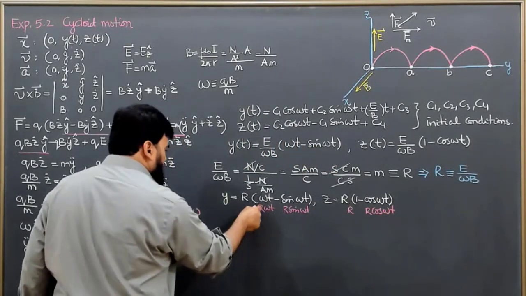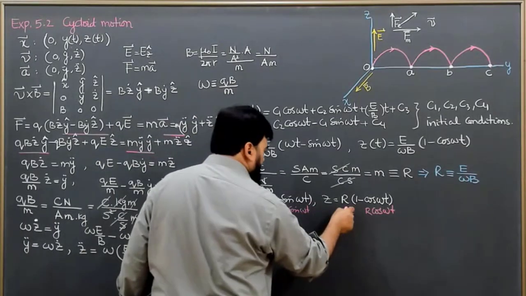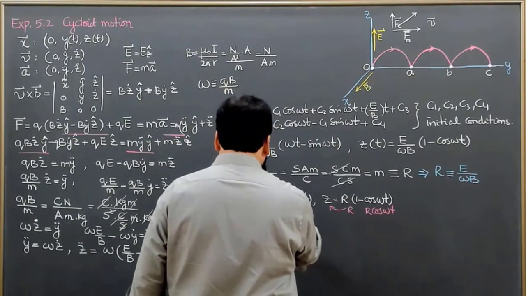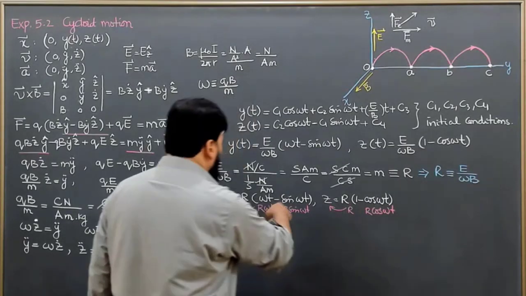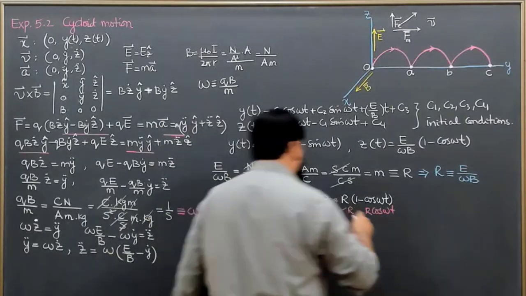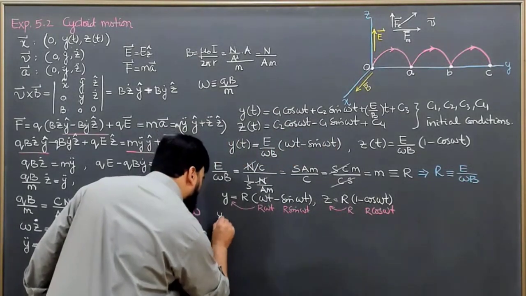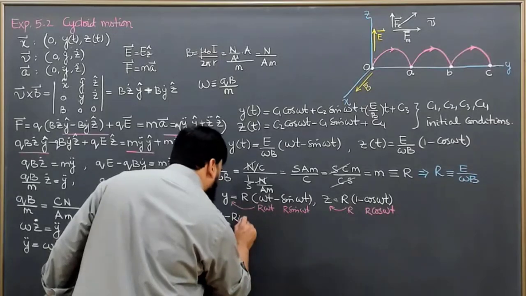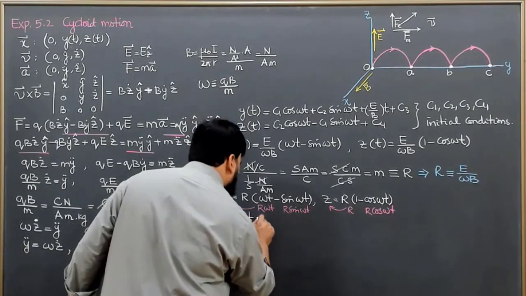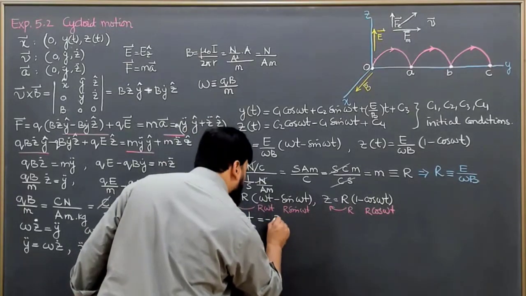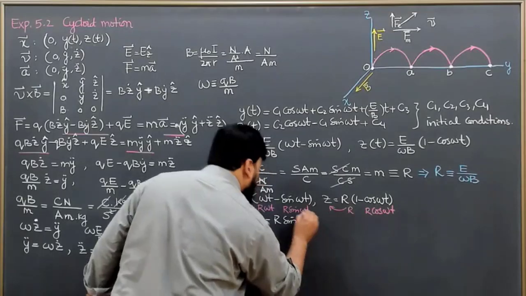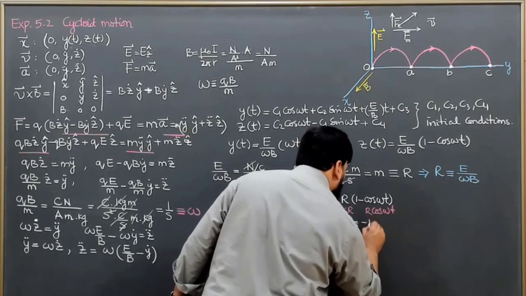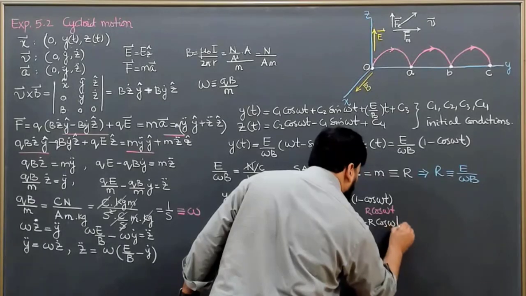So if I move this one to this side and similarly this to this side, then I will have y minus r omega t equal to minus r sine omega t, and z minus r equals minus r cos omega t.